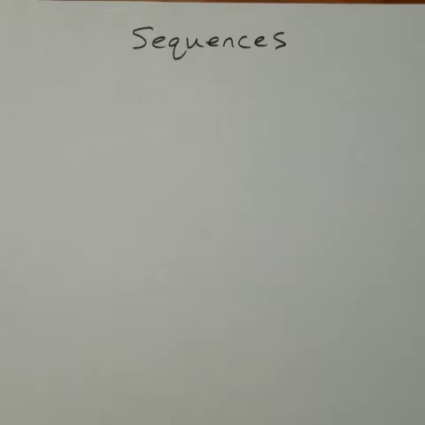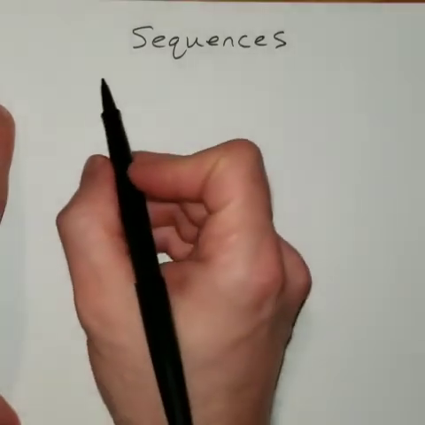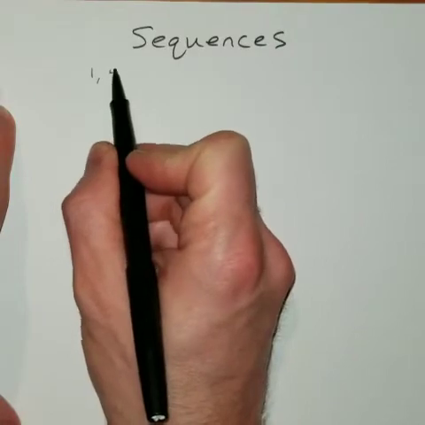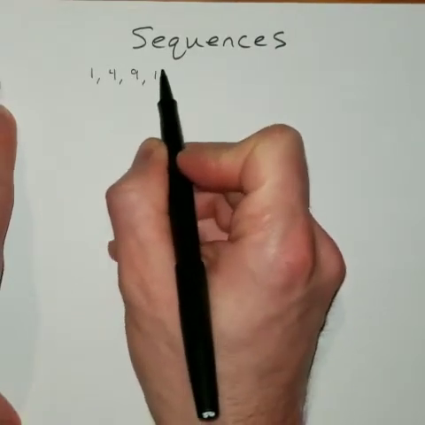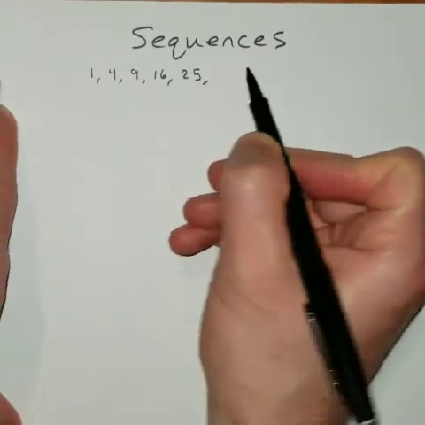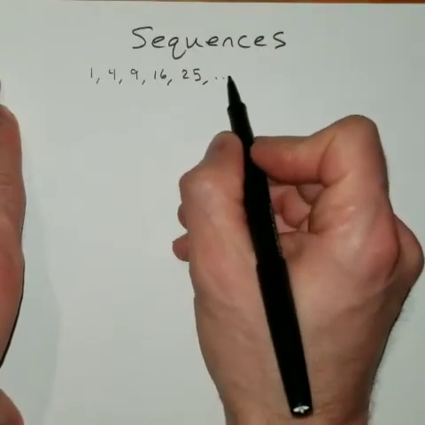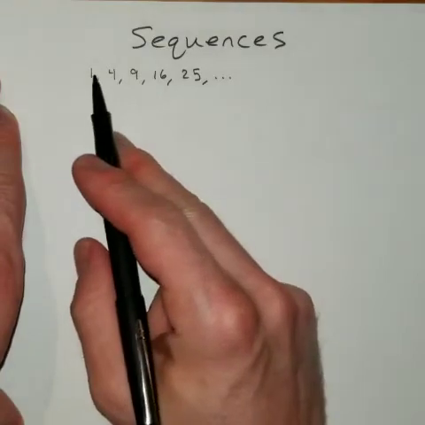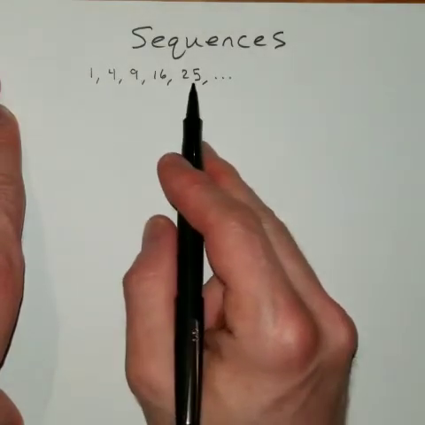Just a real basic example of a sequence, a very famous one, is the sequence of squares: 1, 4, 9, 16, 25, and so forth. It's a number squared: 1 squared, 2 squared, 3 squared, 4 squared, 5 squared.